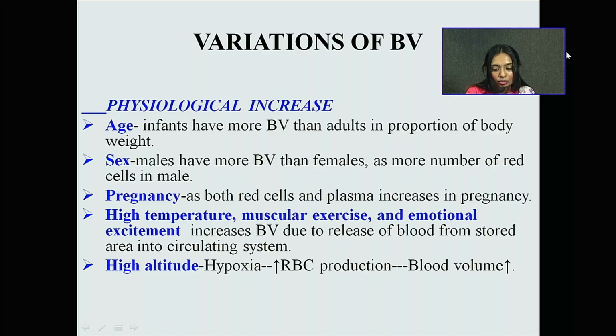High temperature, muscular exercise and emotional excitement increase the blood volume by releasing blood from the stored areas into the circulating system. High altitude hypoxia: when we experience hypoxia, there is an increased production of RBCs which finally increases the blood volume.